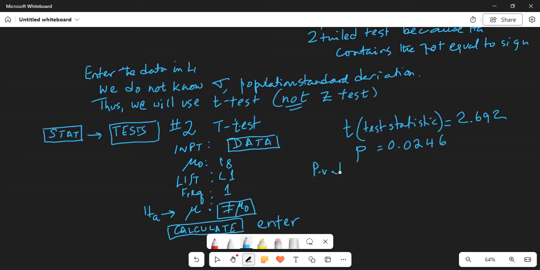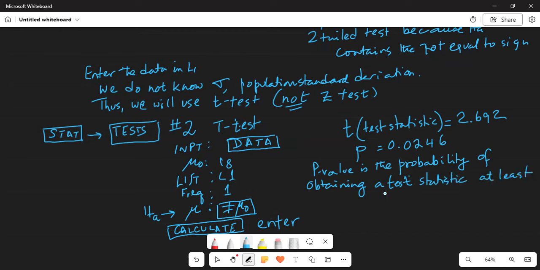P-value is the probability of obtaining a test statistic at least as extreme as 2.692.